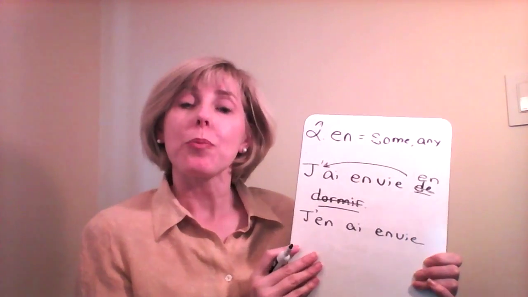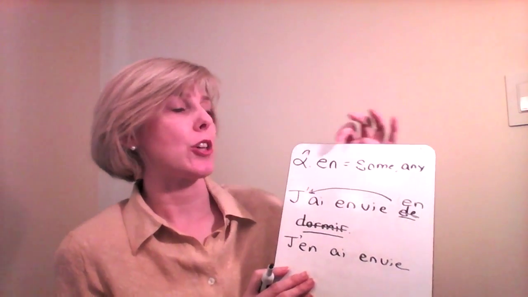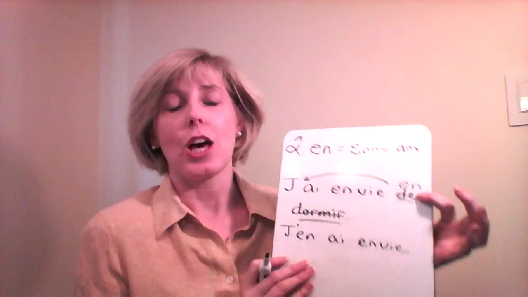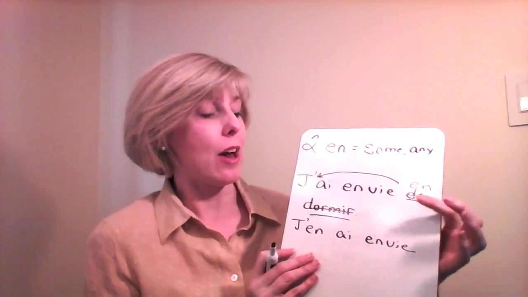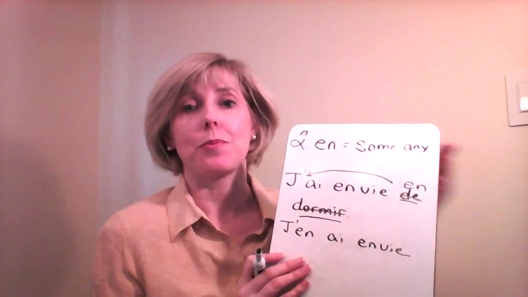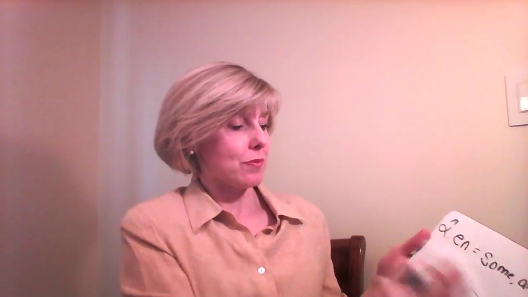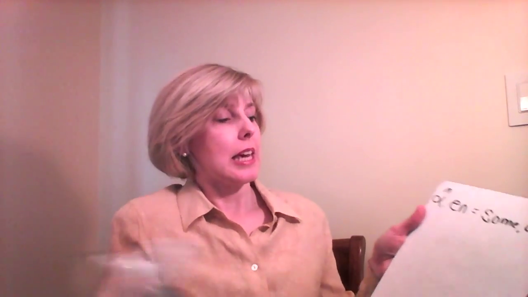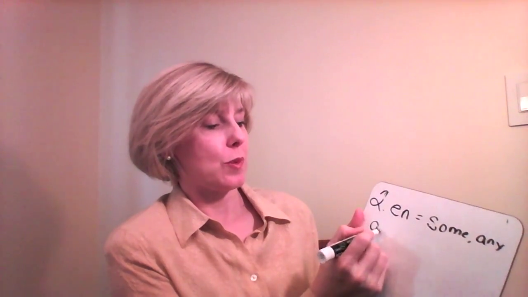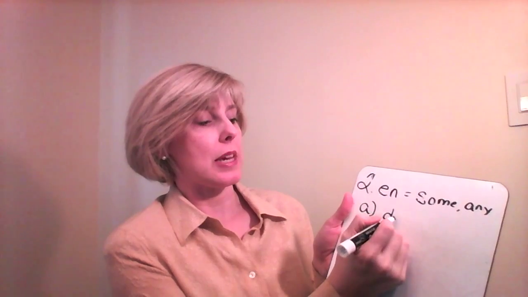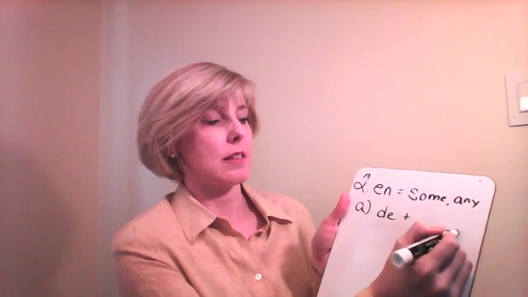Okay? But the point is that when you have en, you're really looking for de. A form of de plus either a noun or a verb, but you're going to look for de. Okay? So in our notes for en, we have that en replaces de plus something.